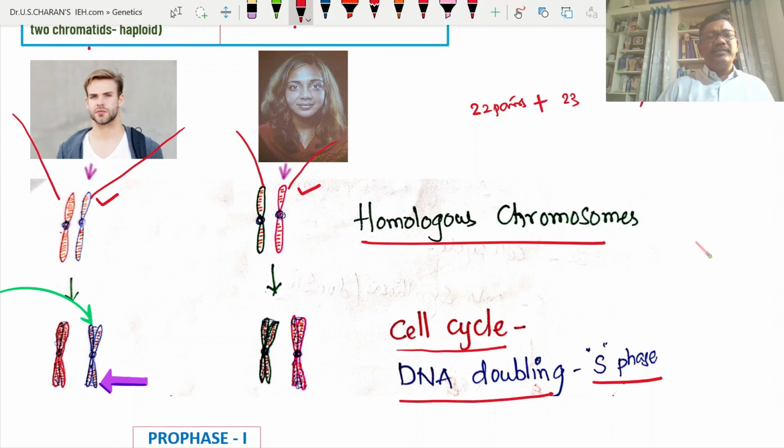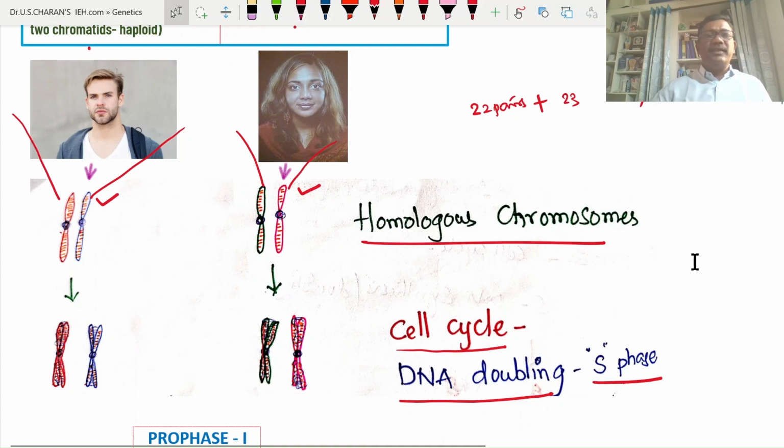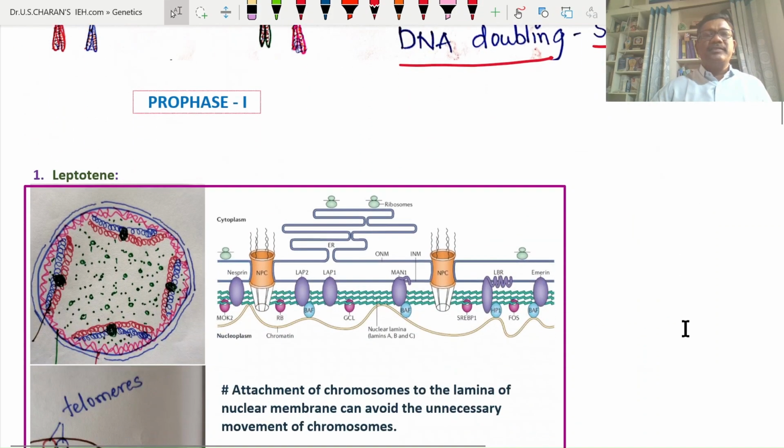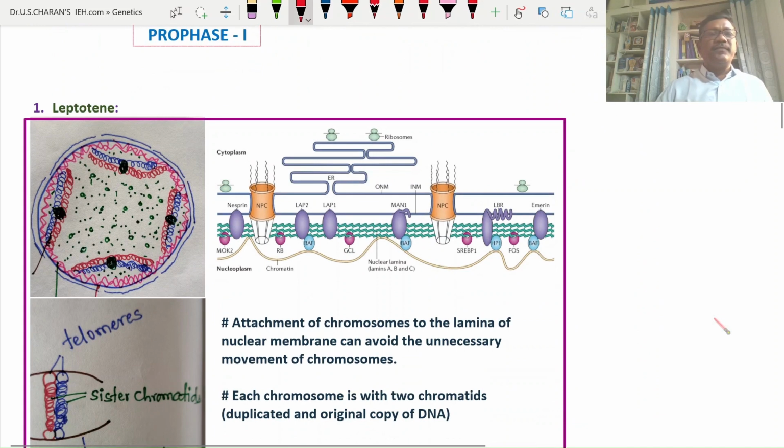This is old DNA, this is new DNA, for example. So DNA doubling means DNA synthesis takes place before starting the meiotic division. Then the cell enters into the prophase stage. In the prophase stage, the first one is the leptotene stage.